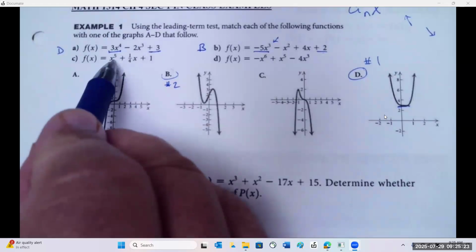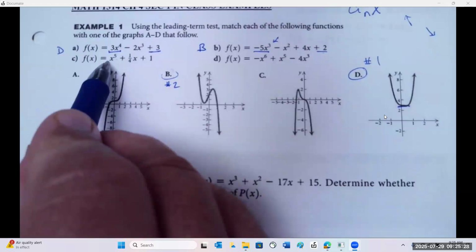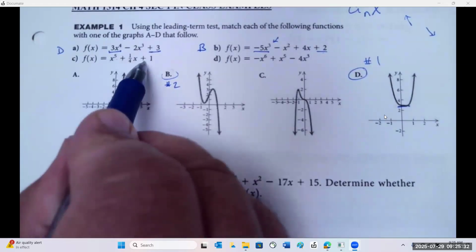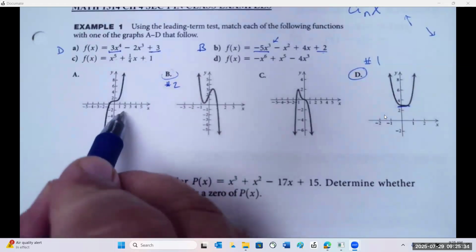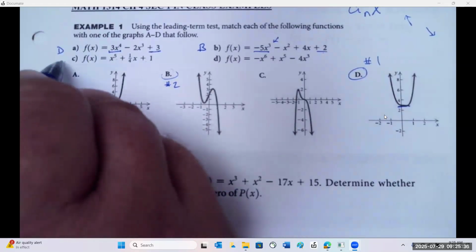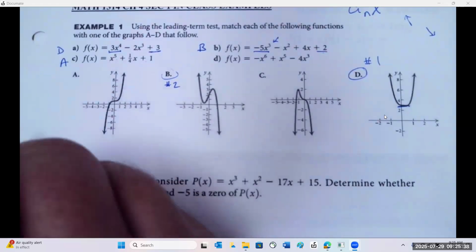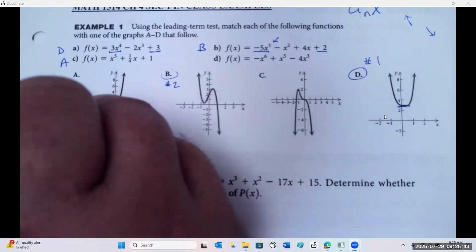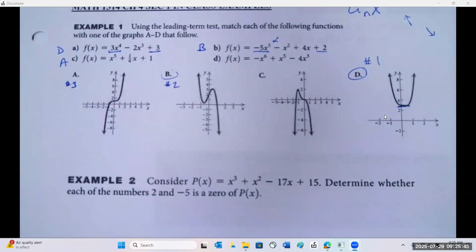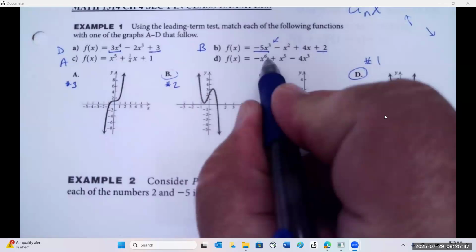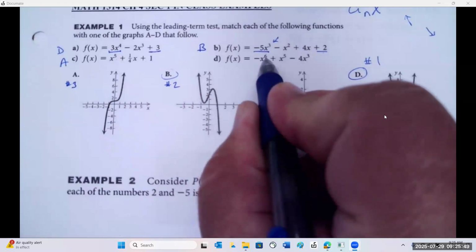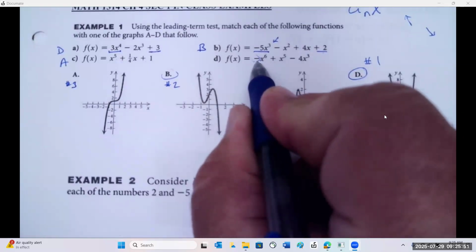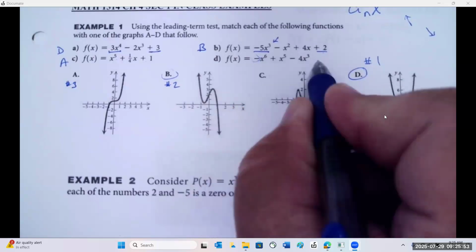Letter C, it's an odd exponent, so they point different directions. Leading coefficient is 1, so it's positive. It means it goes up and it crosses at 1. The only one that matches that is A. So this is A. It's even, so they both point the same direction. It's negative, they both point down, and it crosses at where?